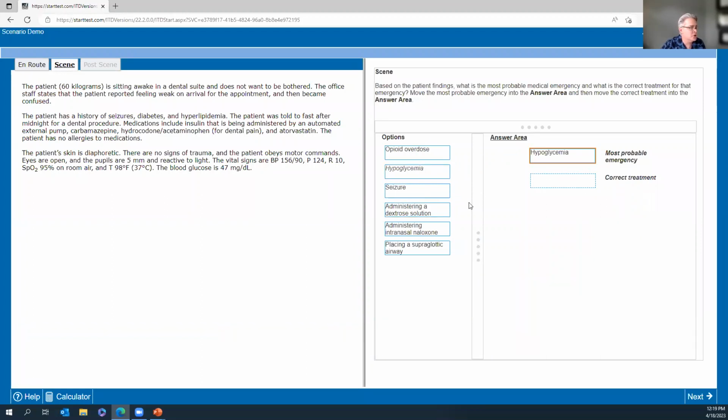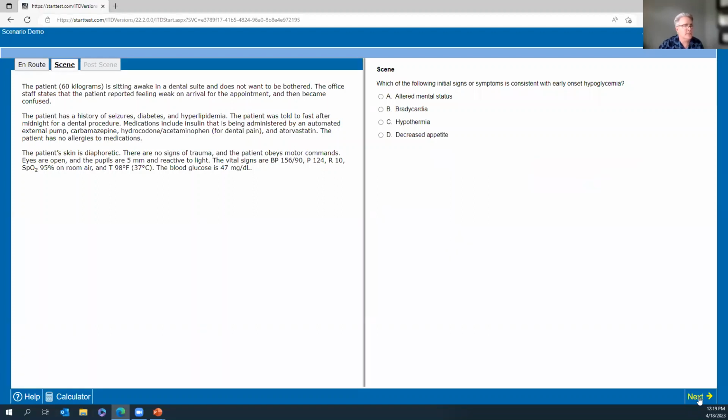And just to make sure that this isn't a seizure, the findings are not consistent with the seizure, so I would not select that. My therapies available for this is to give dextrose, which is the answer I'm going to pick. There's no reason for Narcan, and there's absolutely no reason for supraglottic airway. And so I would drag those 2 over, put them in the answer area, and move on to the next item. This is a drag and drop.